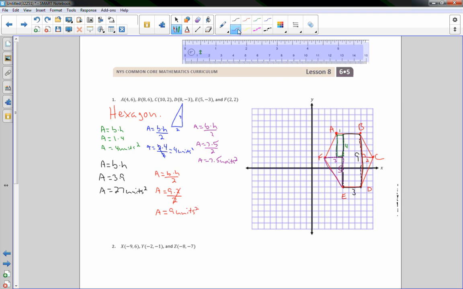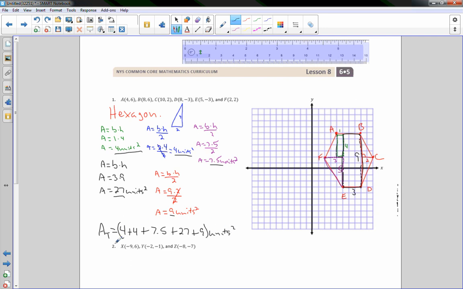Finally, I'm going to do the total area. The area total equals 4 units squared. And I'm not going to write units squared every time, so I'll put these values in parentheses and put units squared at the end. 4 plus 4 plus 7.5 plus 27 plus 9, units squared.